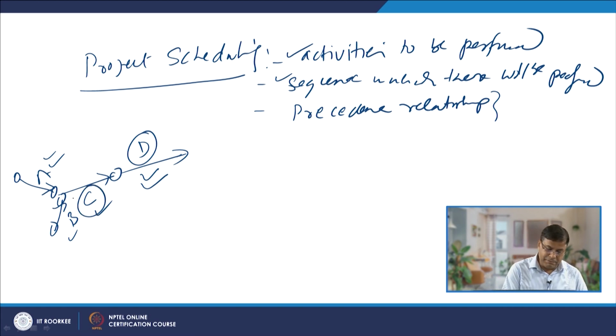Likewise, C can be taken up only when A and B are completed. So, these are predecessor activities, and D will be the successor activity for activity C.